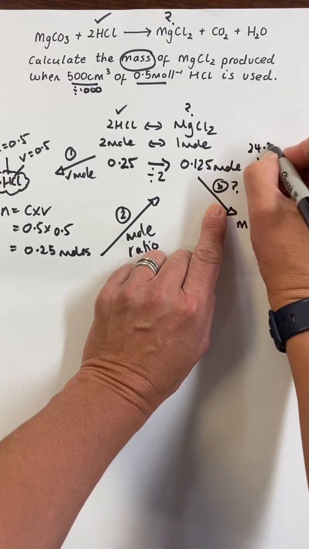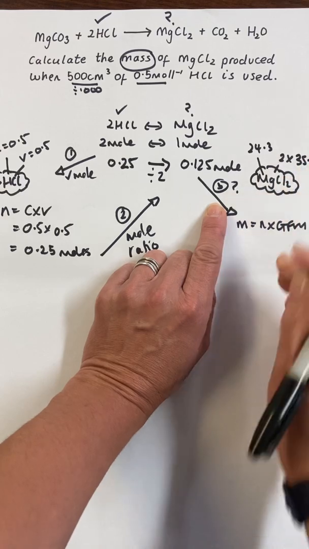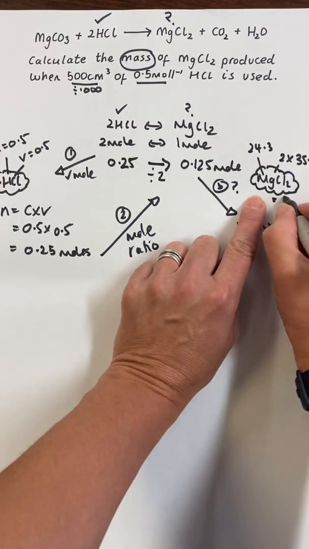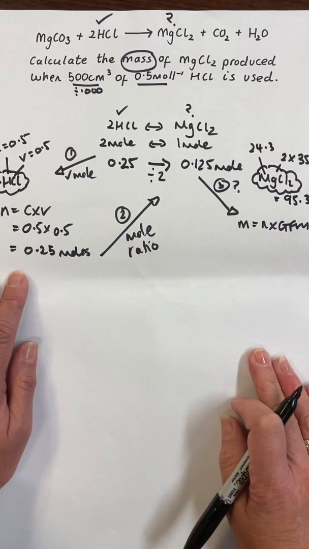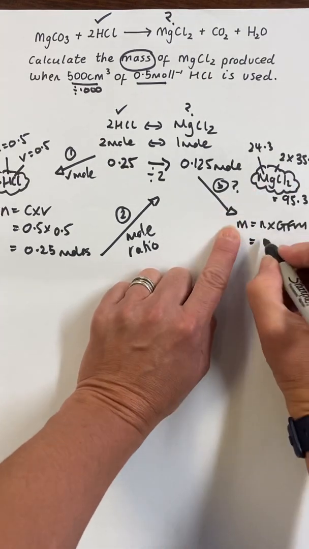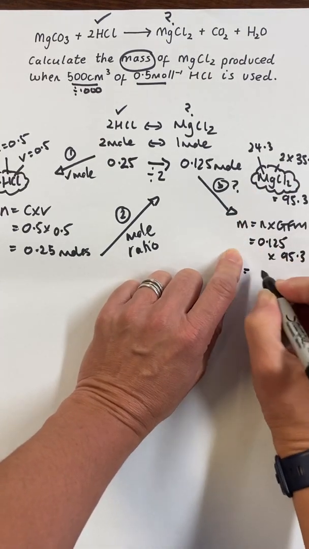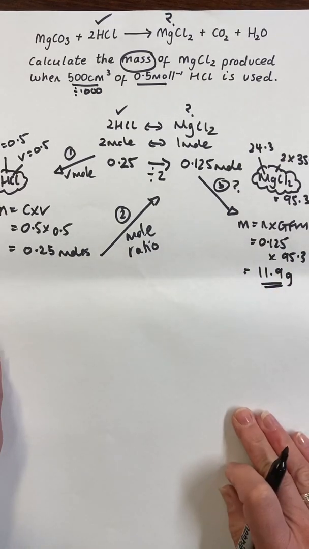So I've got 24.3 and I've got 2 times 35.5. So my GFM for MgCl2 is 95.3. So when I plonk this in, 0.125 times 95.3, and my answer is 11.9 grams.